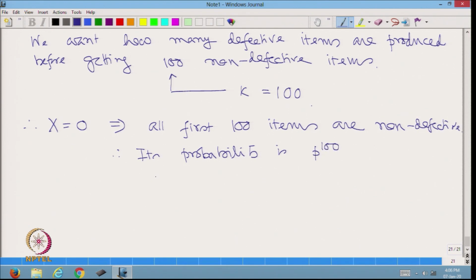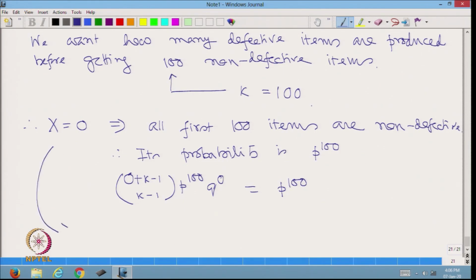So, by our definition, 0 plus k minus 1 c k minus 1 p to the power 100 q to the power 0 is equal to p to the power 100.